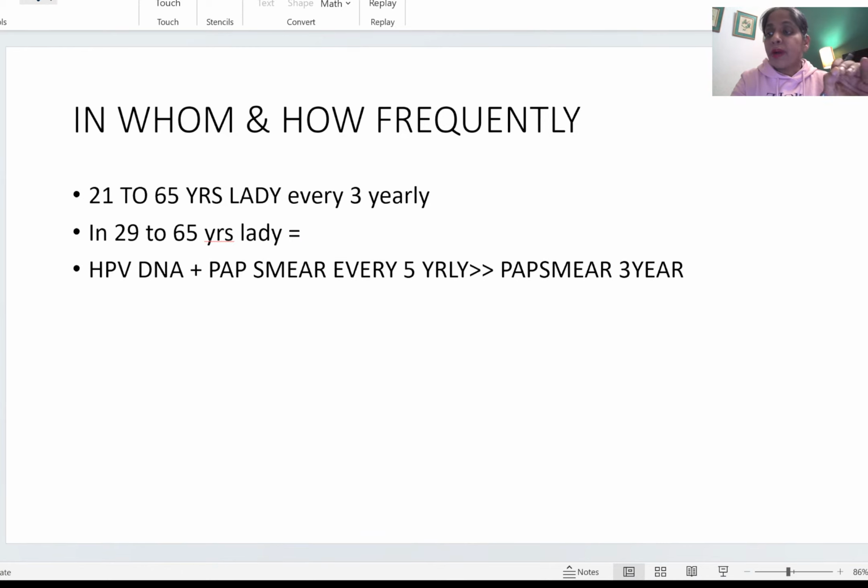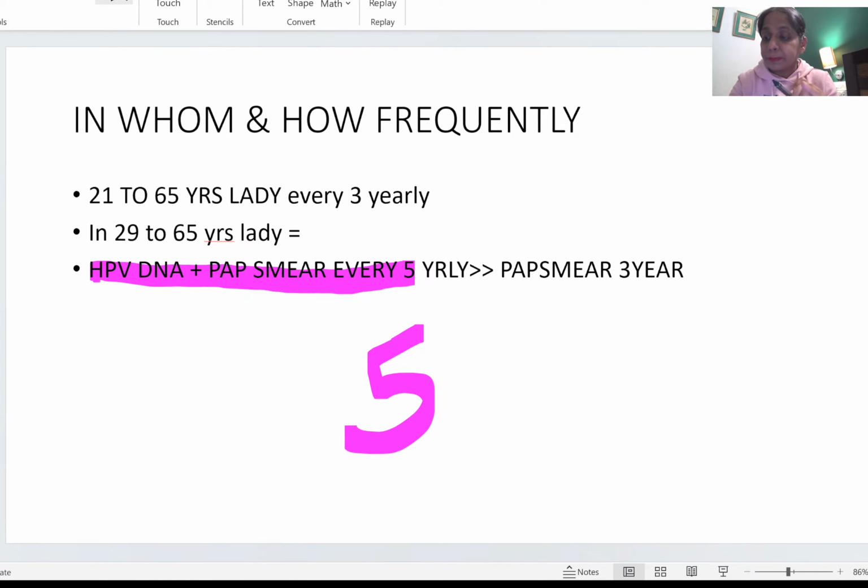Okay. Once the female comes to the age of 29 years, then instead of doing the pap smear every 3 years, we can combine the pap smear with HPV DNA assessment and do it every 5 years.